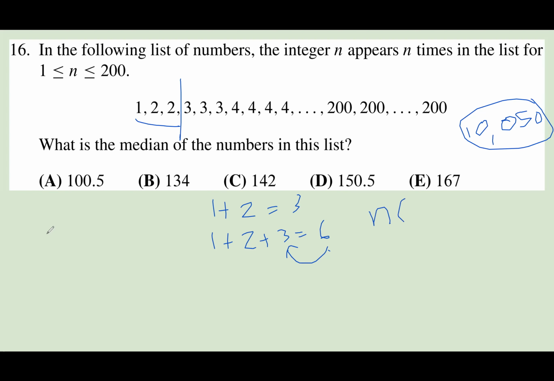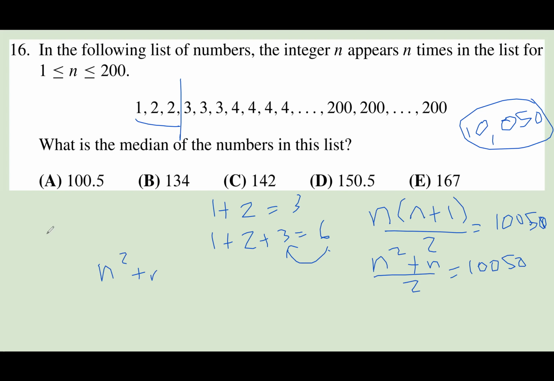So we basically want to set up n times n plus 1 over 2 equals 10,050, right? N squared plus n divided by 2 equals 10050. N squared plus n equals 20100.